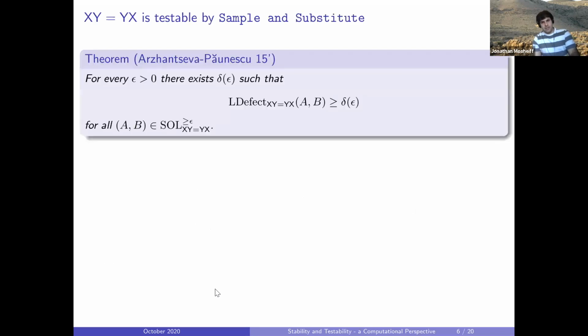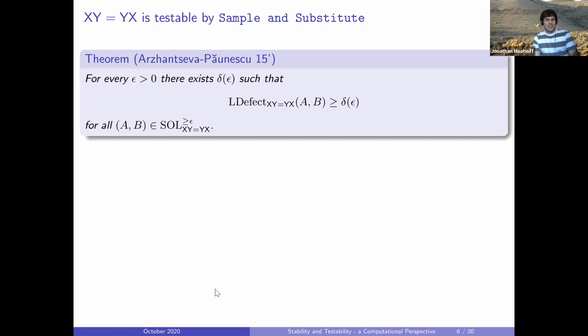So we know this is true by a theorem of Arzhantseva and Paunescu from 2015. It's actually a stronger theorem about stability of abelian groups, but the part that we need here is exactly the statement we wanted before: for every epsilon, there exists some delta such that the local defect of every two permutations that are epsilon far from solving xy equals yx is larger than delta.